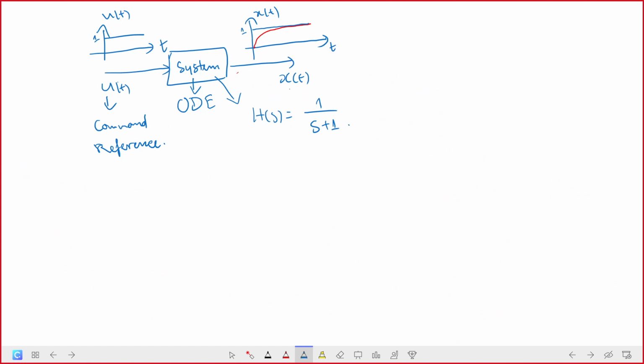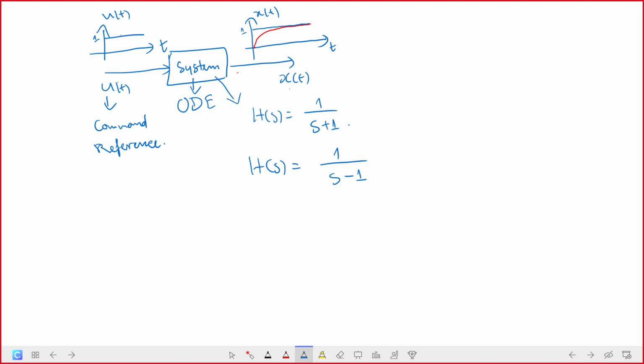When we can achieve output approaching what we want, we call this system stable. Stable system.